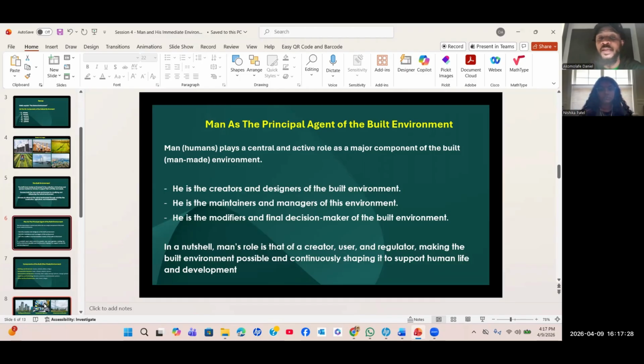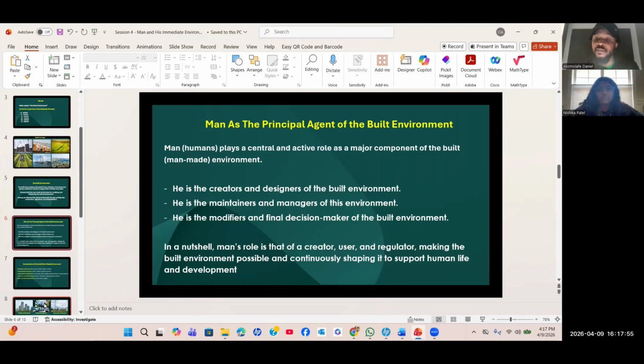So humans play a central and active role as a major component of the environment, okay? So how do they play this role? They serve as the creators and the designers of the built environment. Man imagines, designs and builds. They also maintain and manage what they have created, because everything needs maintenance.